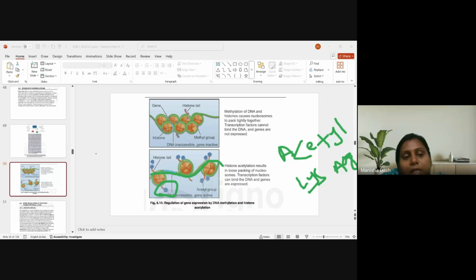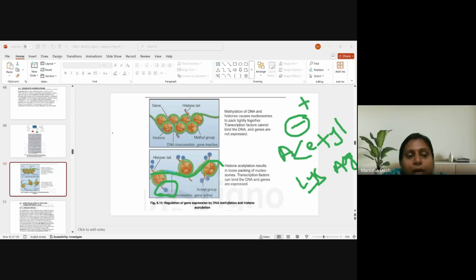But in case of methylation, it is opposite. The DNA is carrying a negative charge and the methyl group is carrying a positive charge. So it will form a compact structure like this. As there will be compactness, the DNA is not available for the RNA polymerase or the transcription factors to bind to.